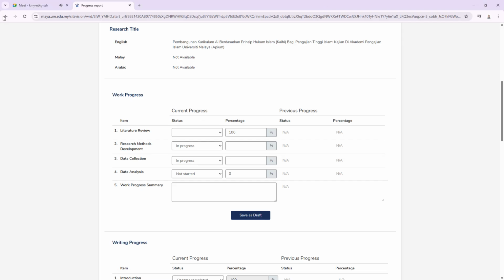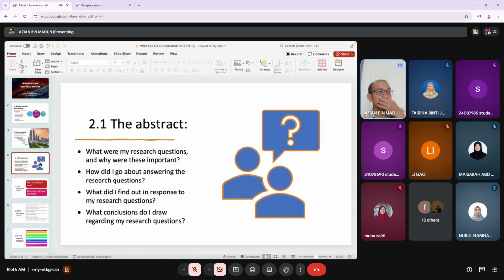You must tell what the tension is, what you are looking at, what is missing or not yet studied, and why it is important. It is short, but very important, because that's the first glance.